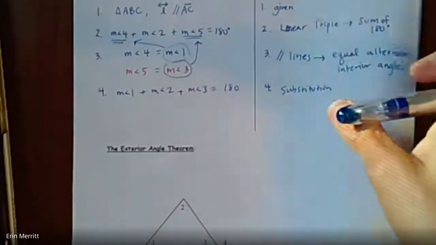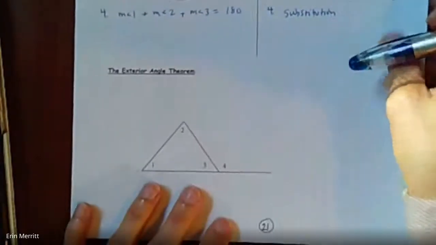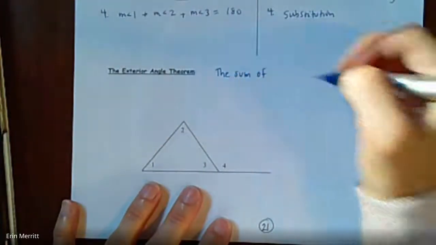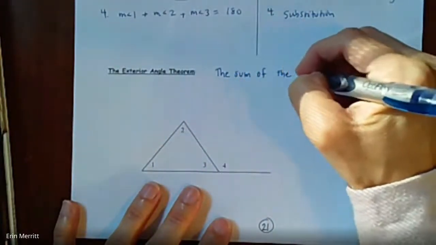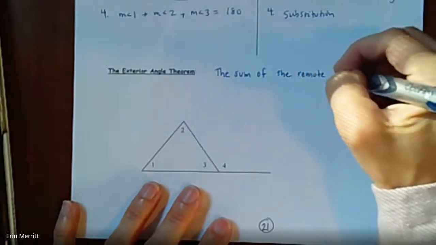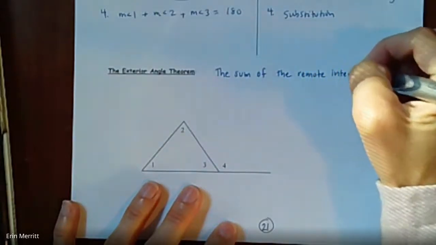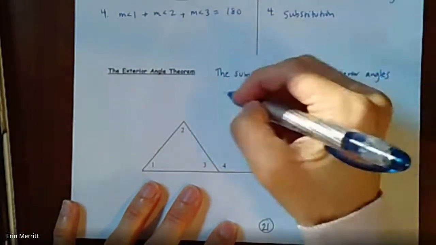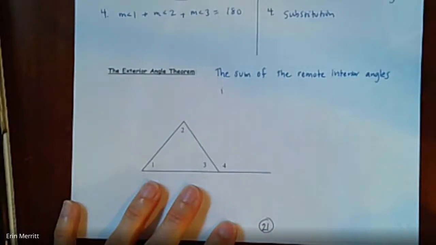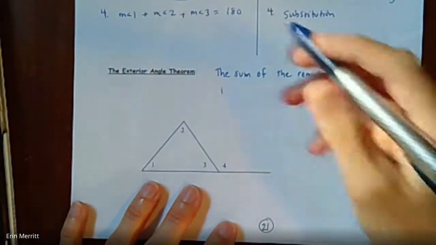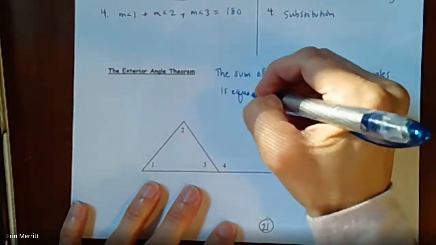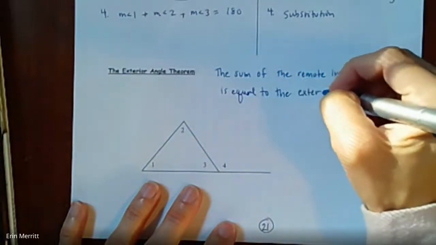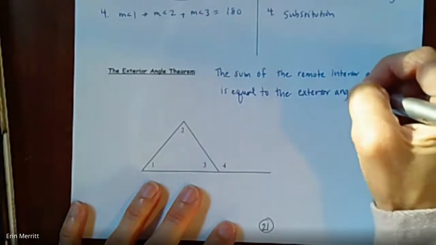So what we have here is that the sum of the remote interior angles is equal to the exterior angle.